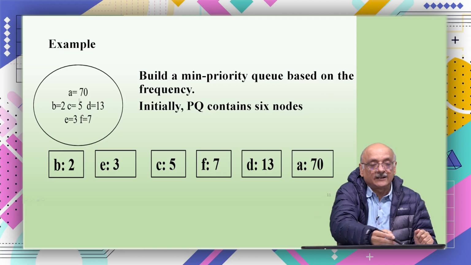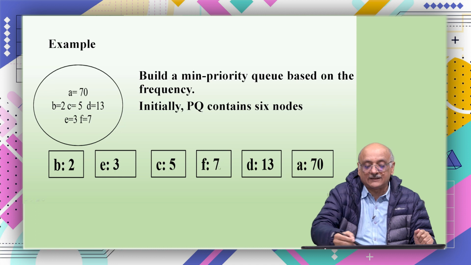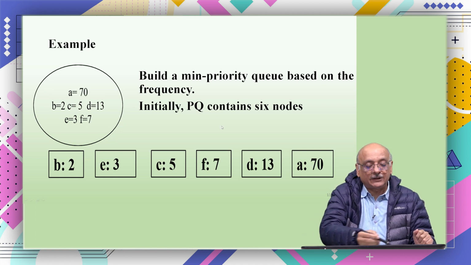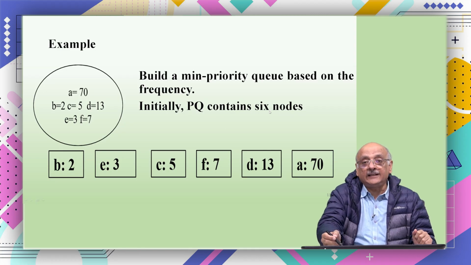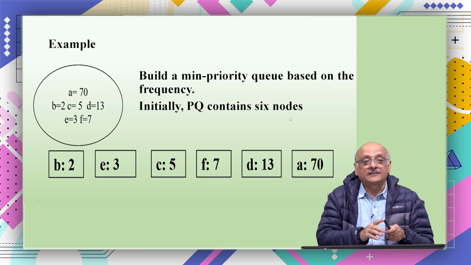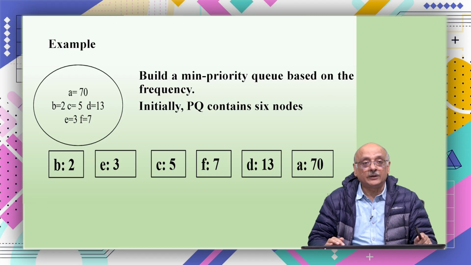These frequencies are listed over there also. Initially our queue, which we have named PQ, contains just 6 nodes.